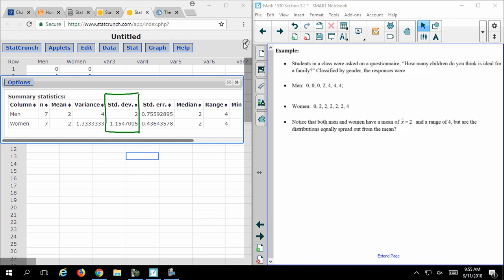Anybody need help with StatCrunch? So you go to Stat, Summary Stats, Columns, select the men, then hold down Control on the keyboard, and then select women as well.